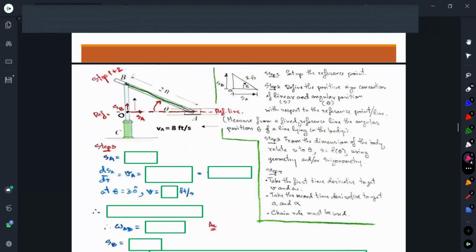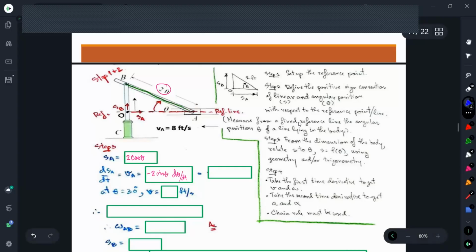For this case, what is SA? We know that it is 2, right? SA should be 2 cosine theta. Then we take the first derivative of this term, which becomes minus 2 sine theta times d theta by dt.